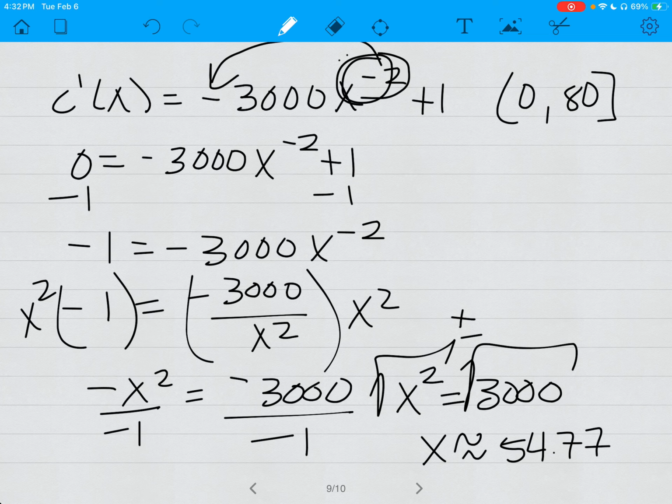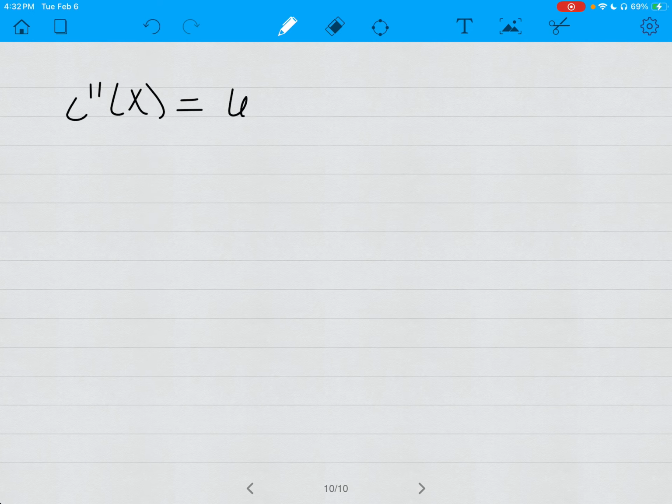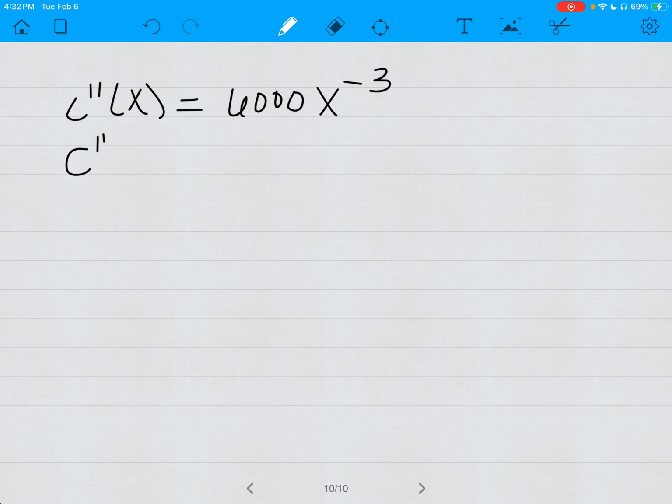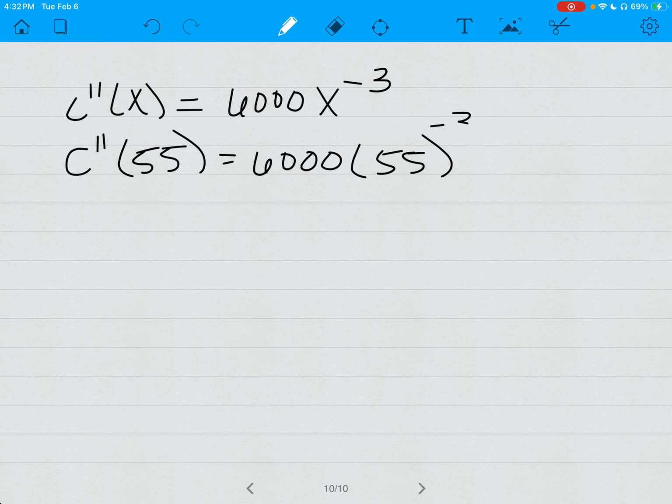So now we're looking at positive 6,000x to the negative 3, and the plus 1 is going to go away. We're going to put in approximately 54.77, so let's just call it 55, right? Because 54.77 is about 55. 6,000 times 55 to the negative 3.